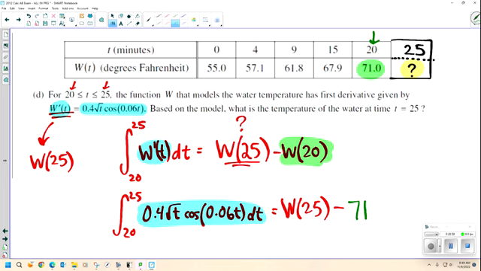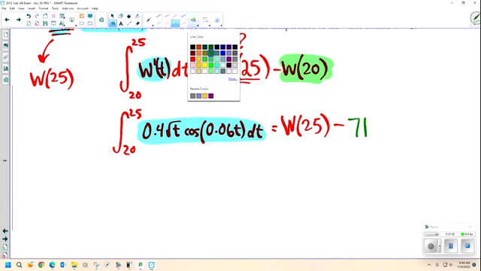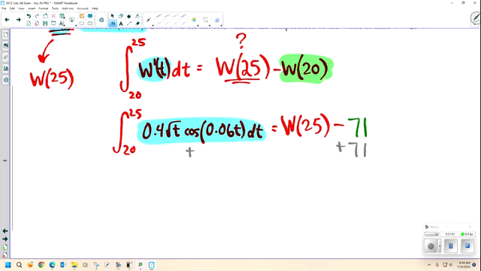So all I'm going to do is add 71 to both sides, and that will isolate my W of 25. That's going to be 71 plus the integration from 20 to 25 of W prime of t.